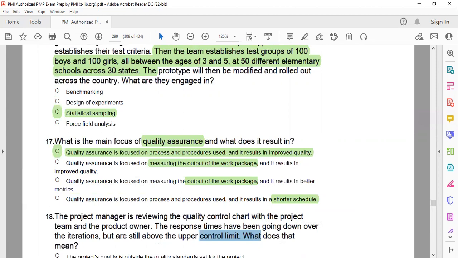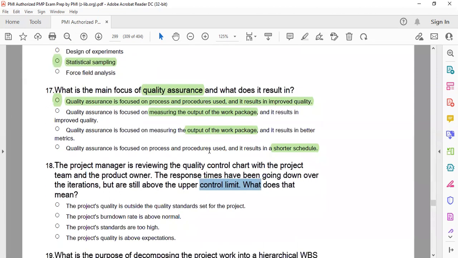Processes. No, when the things are out of the control limit. Yes, we call it processes unstable.